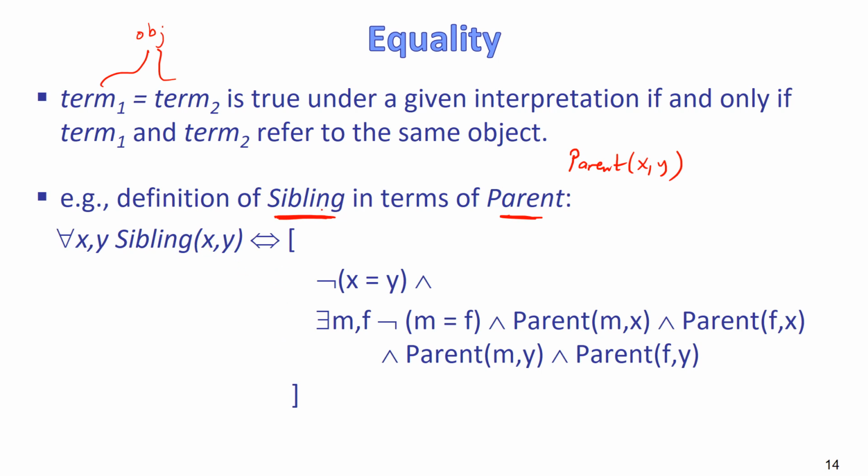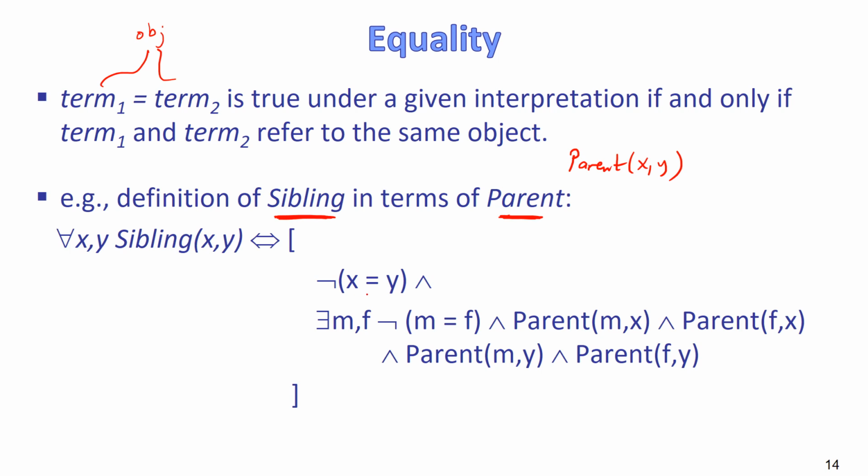First, what is the meaning of sibling? I think you know that sibling means a brother or a sister. If someone is a brother or sister of me, then he or she is a sibling of me. But here we don't have brothers and sisters, we have only the relation parent, and using it, I want to define sibling.